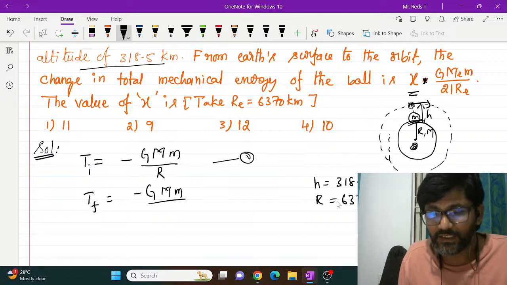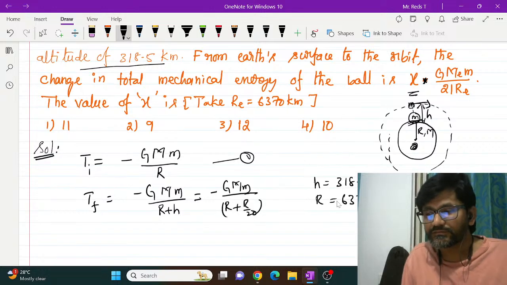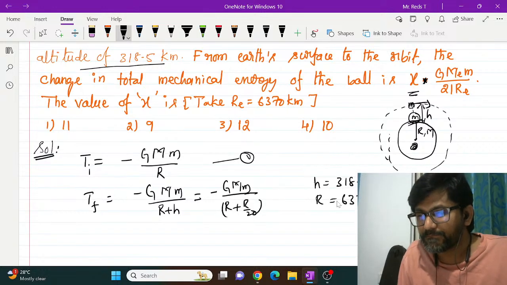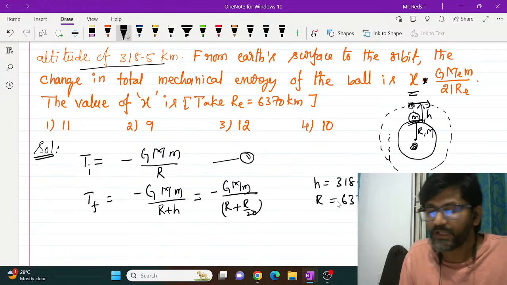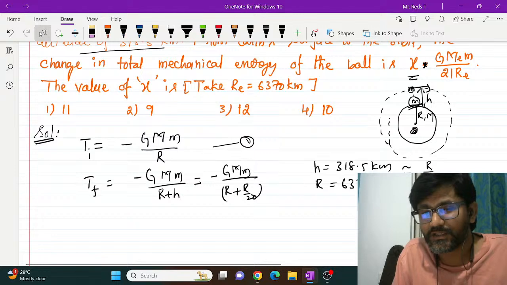When it is taken to a height h, the radius of the orbit becomes capital R plus small h. This can be expressed as minus G M m by R plus h, where h is R by 20. On simplification, 20 R plus R is 21 R by 20.